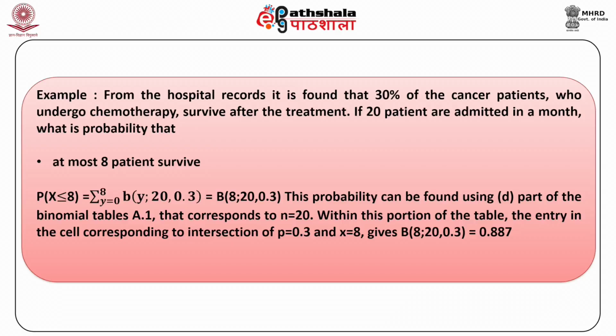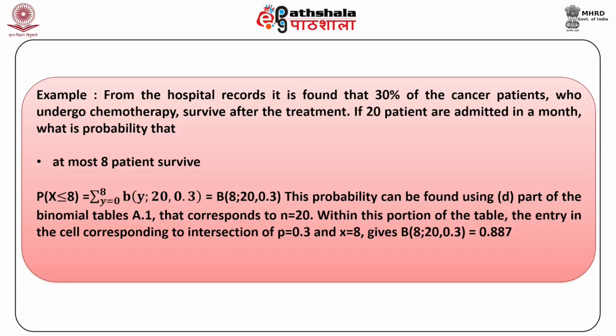Now this will be equal to summation of B or binomial distribution, where we can define a new variate y and 20 and 0.3 as the parameters, and this y can now take the values from 0 to 8, where we are defining y as the number of patients who we want to survive.